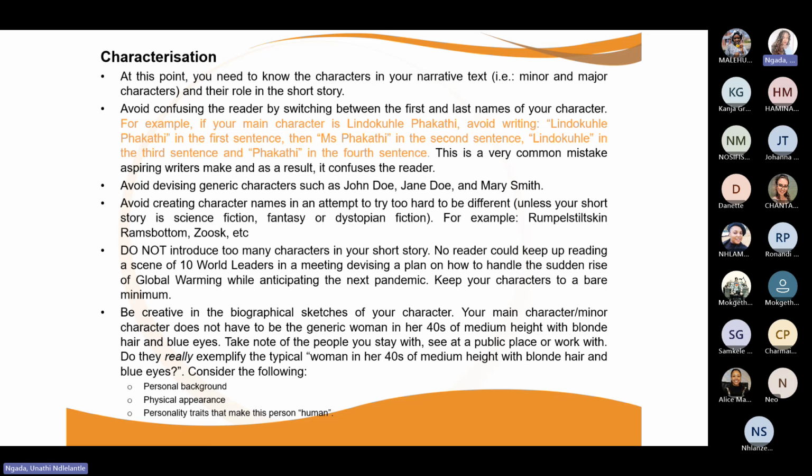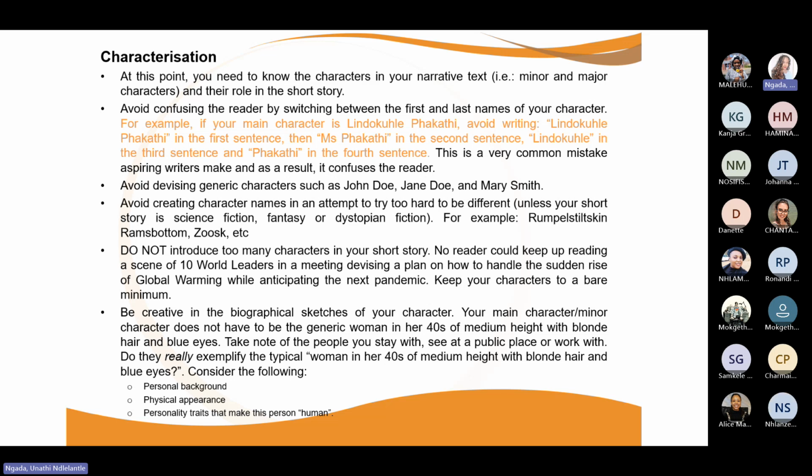All right. And then also avoid generic names, like your John Doe, your Jane Doe, and your Mary Smith. If, for example, you're going to be writing a short story and it falls under crime suspense, right?